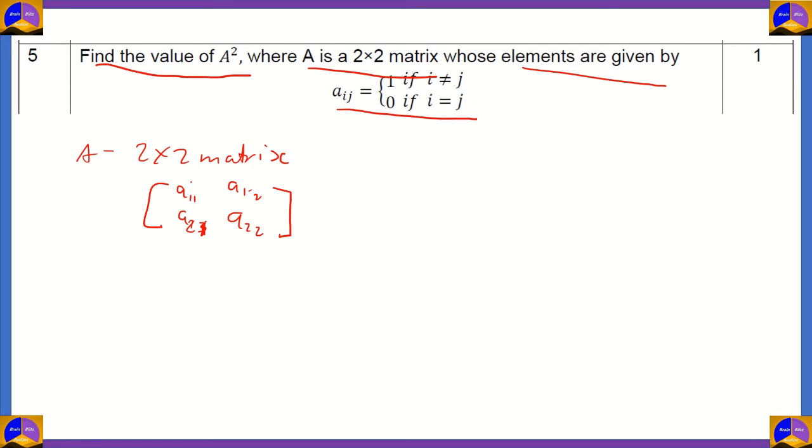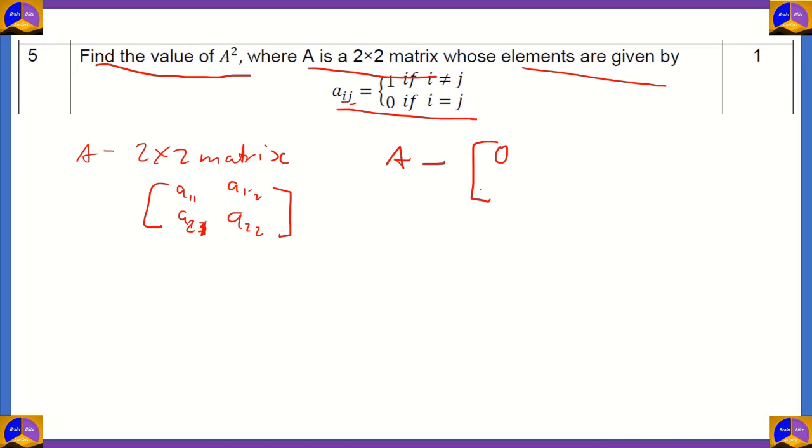Now, in order to fill out the matrix A, the other clue that we should use is that aij equals 1 if i not equal to j, and 0 if i equals j. So i and j are the row number and the column number respectively. So therefore, the first is A11, and since i equals j here, you get the value 0.